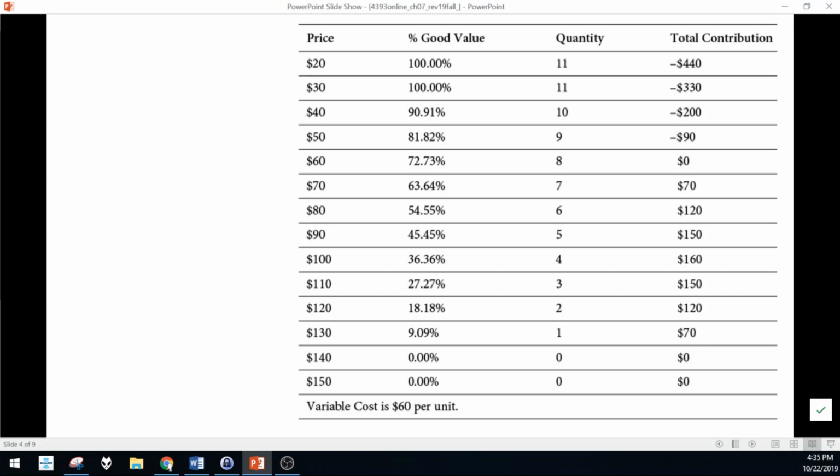Okay, and so based on that, you can figure out what percentage of the marketplace is willing to pay at the price that you charge. So here's an example here.